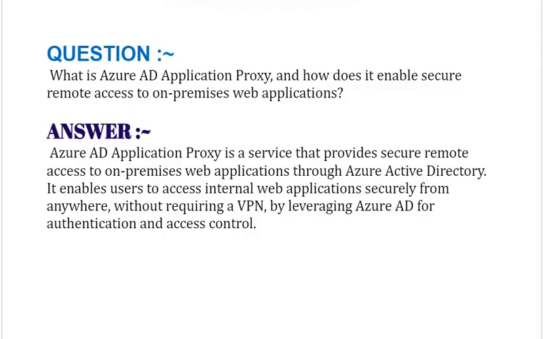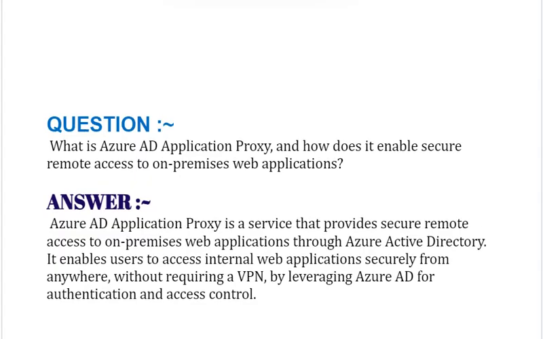Our interview question based on AZ-500 is: what is Azure AD Application Proxy and how does it enable secure remote access to on-premises web applications? Your answer should be: Azure AD Application Proxy is a service that provides secure remote access to on-premises web applications through Azure Active Directory.